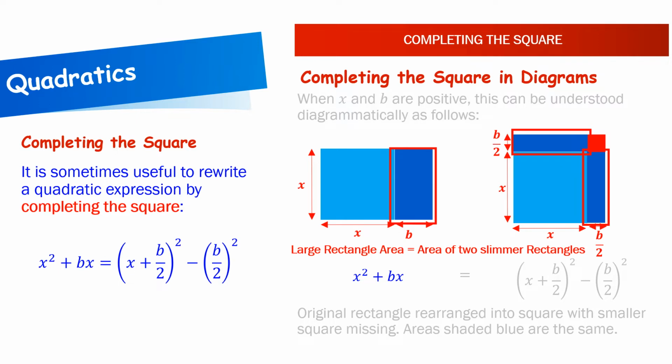However, the rectangle has been split. So the b times x rectangle on the left-hand side is equivalent to the two rectangles shown on the right-hand side, and their area is 2 times b over 2 times x.